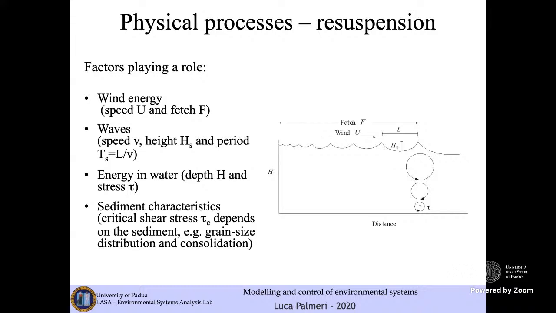What is resuspension? Resuspension is movement of material from the bottom part of the water system, or the water body, or the water ecosystem, toward the water column. So this is really the reverse process.